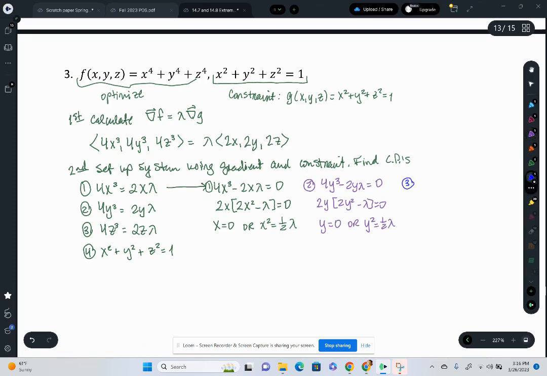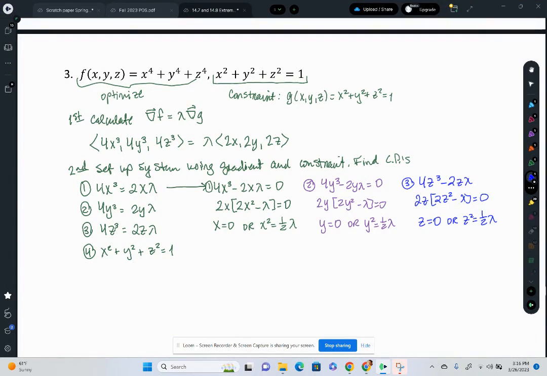Similarly, the third equation is 4z cubed minus 2z lambda. Pull out a 2z, leave behind 2z squared minus lambda. It's equal to 0, and we get 2 cases. Z is 0, or z squared is 1/2 lambda.